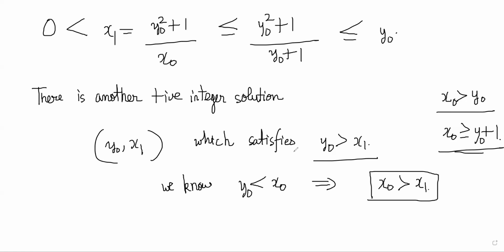So from the given equation, assuming that we had selected a solution (x0, y0) such that x0 was the minimum value, without loss of generality, we had assumed that x0 is greater than y0. And then when we put it in the original equation, we were able to say that there is another root x1, and that root x1 satisfies x1 is less than y0.